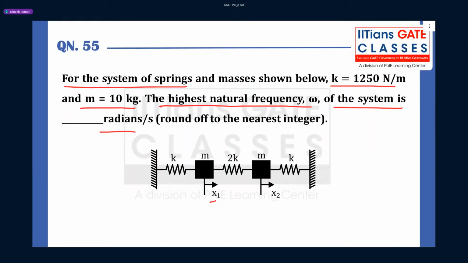Now look here, this is a 2 degree of freedom system, so we know the natural frequency formula for 2 degree of freedom. You guys can also remember it like me.